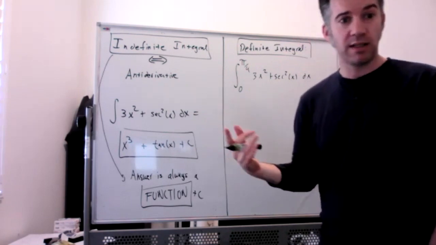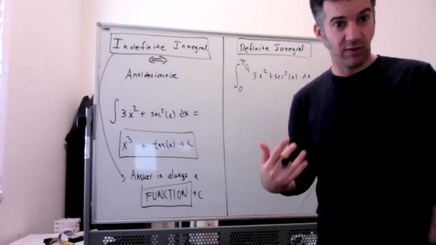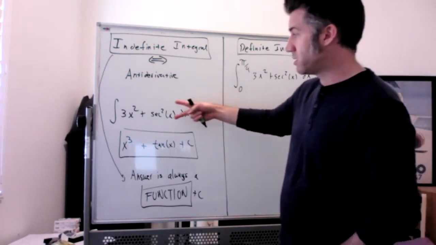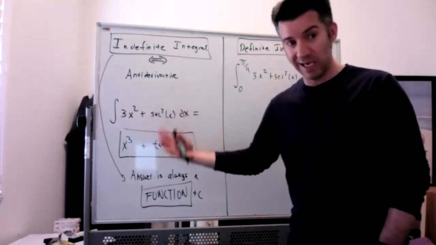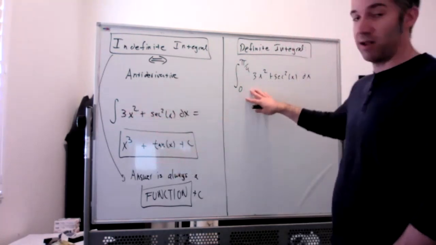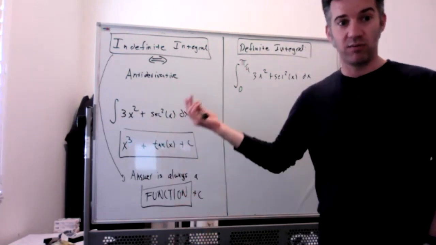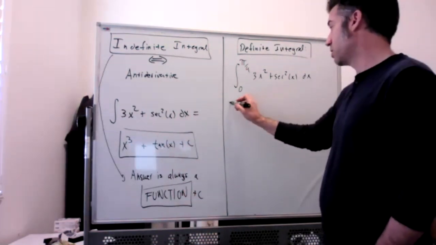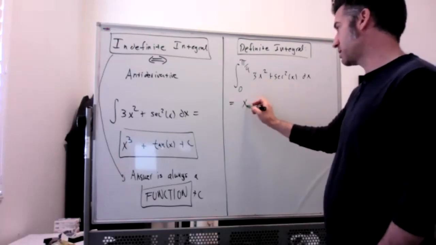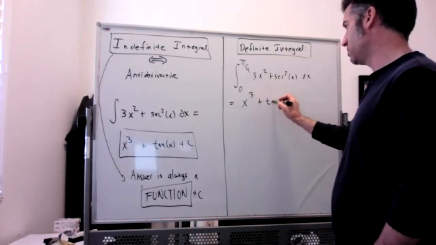The process now is to first still antidifferentiate, which is why this symbol is used to mean the antiderivative, because when you do a definite integral and use the fundamental theorem of calculus, you're using the antiderivative to evaluate it. So antidifferentiate, you get x cubed plus tangent of x.